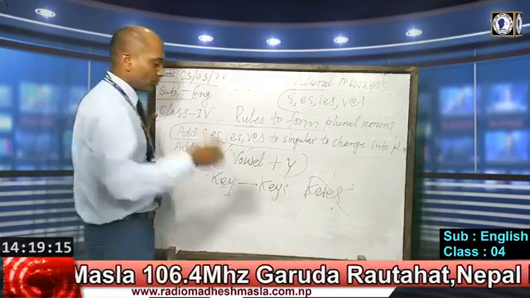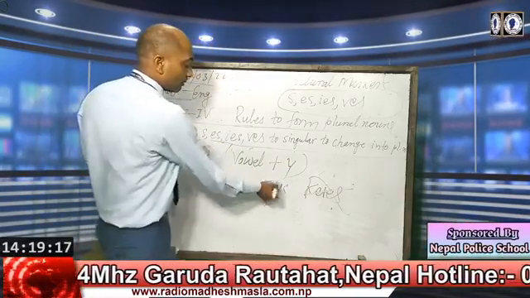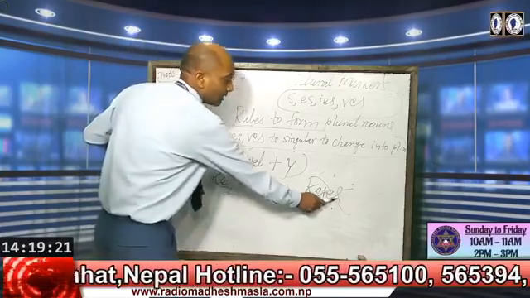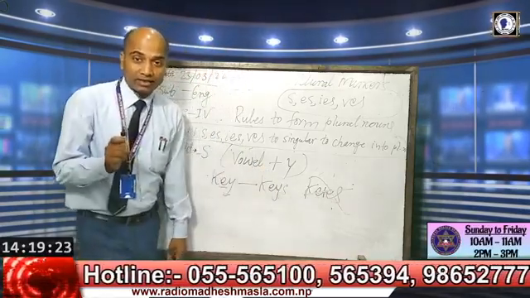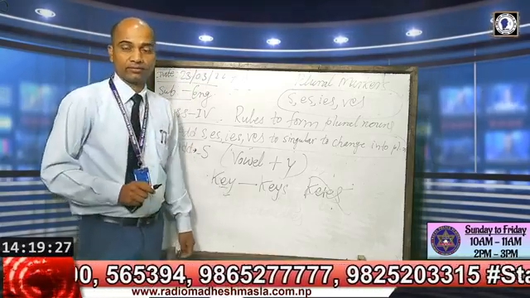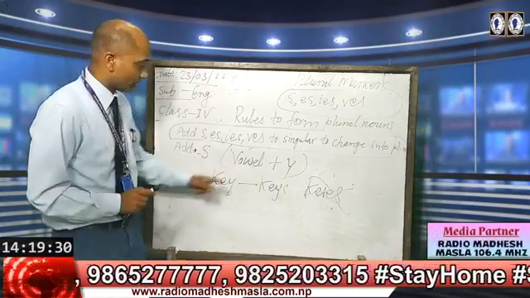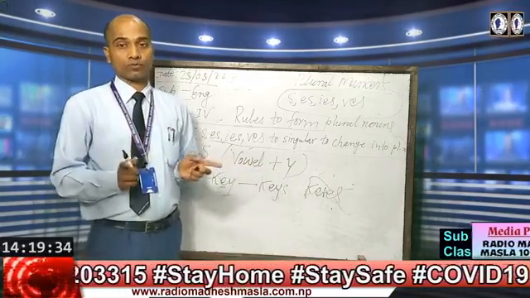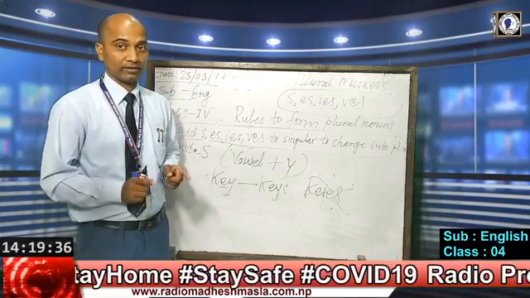You cannot remove the Y because before the Y there is a vowel letter. This rule can only be applied when there is a consonant letter before the Y. Don't get confused. Vowel plus Y, consonant plus Y. Be clear about this.